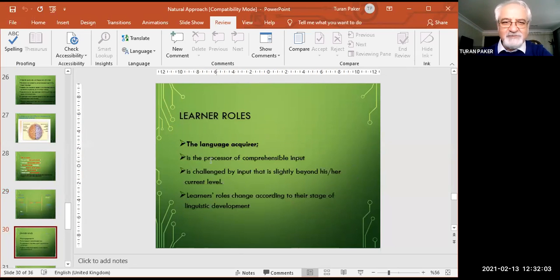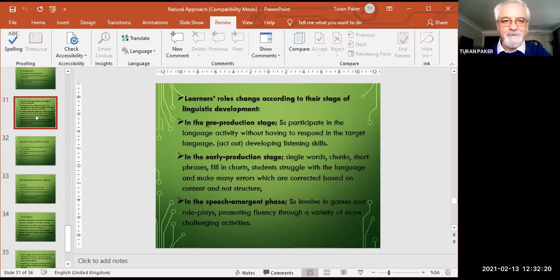Learner roles: the language acquirer is the processor of comprehensible input. They understand and they process it, and are challenged by input that is slightly beyond his or her current level, and learners' roles change according to their stage of linguistic development as well.